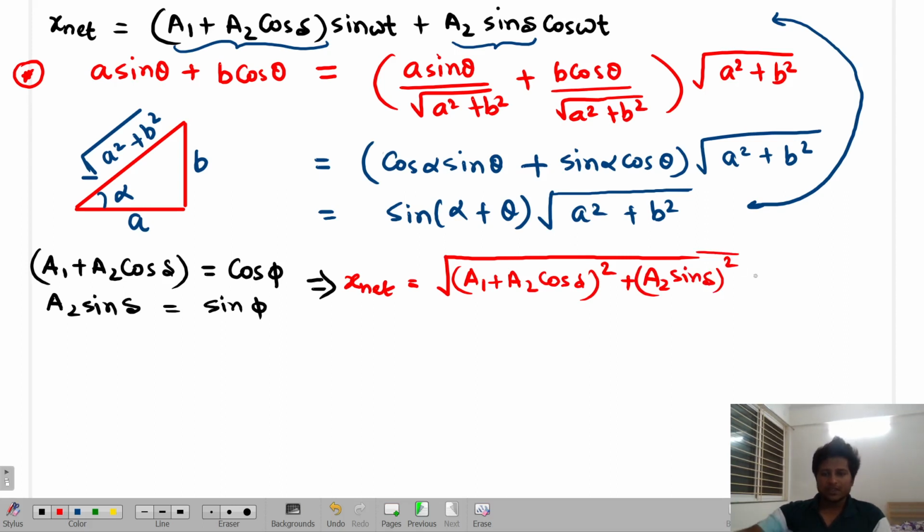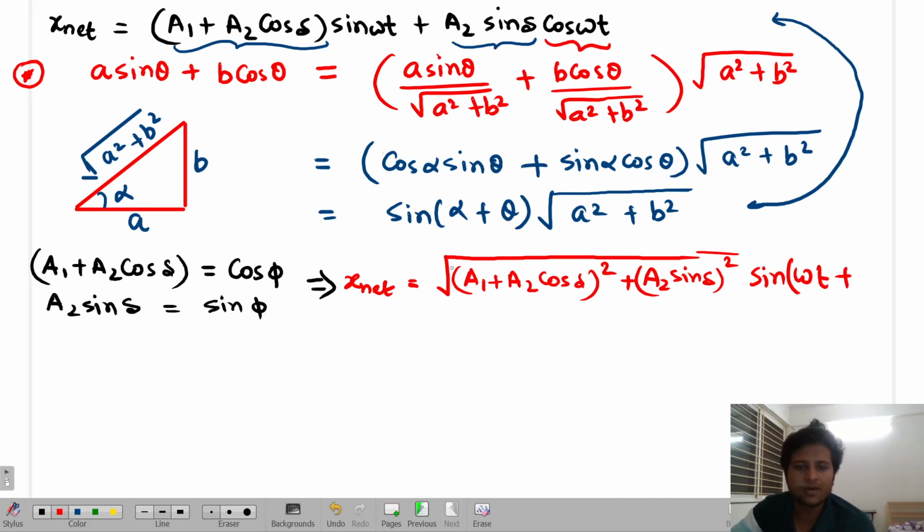And then this will just change into sine of alpha plus theta. Theta is basically my omega t, correct? And then alpha is nothing but what I'm considering here as phi. So sine of omega t plus phi. Are you able to get me or not?